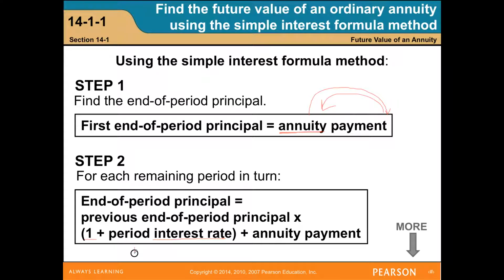So if you're increasing by 5%, you will multiply by 1.05. That's 0.05, which is the interest rate of 5%, and then 1 because you're multiplying your principal times itself, which is why we use 1, and then 0.05, which is the interest rate increase. So we're getting our principal back plus the interest rate increase, and then plus the annuity payment for this particular formula.